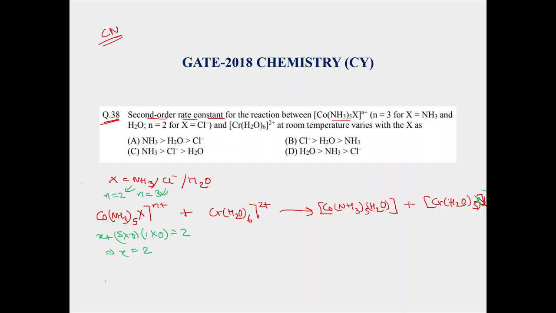Okay. And now we will see for the Cl minus case. This was when it is NH3 or water. Okay. So x plus 5 into 0 plus Cl minus means it is carrying a negative charge, that is minus 1 is equal to 3. They have given 3, right? So x minus 1 is equal to 3.